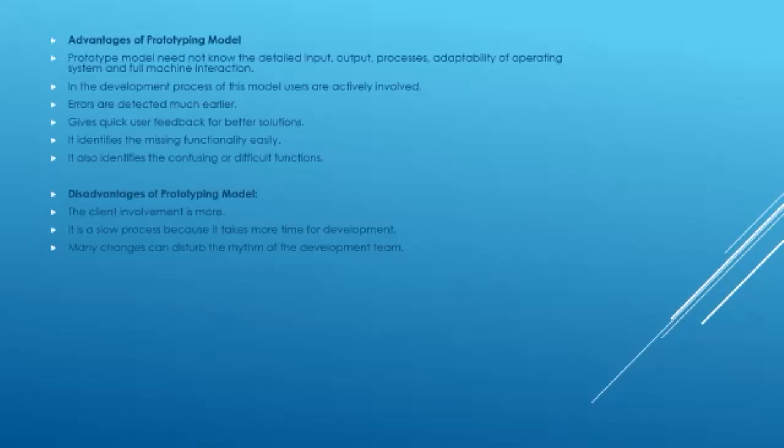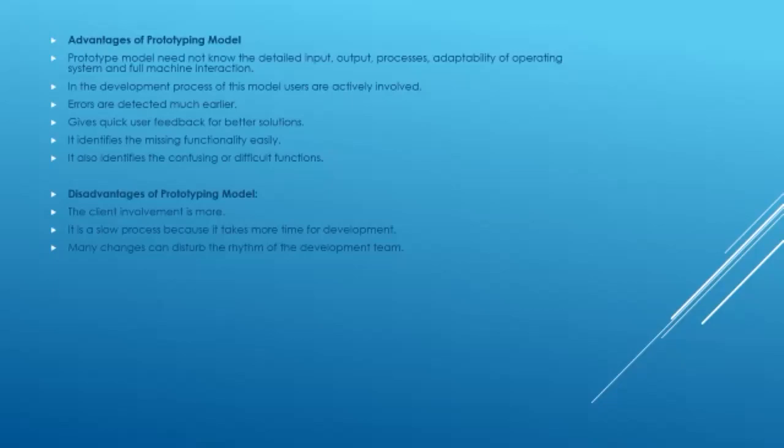It identifies the missing functionality easily. That means the missing part we can easily identify in the prototyping model. It also identifies the confusing or difficult functions. That means the functions which are very complicated or confusing or difficult, we can also easily identify in this prototyping model.